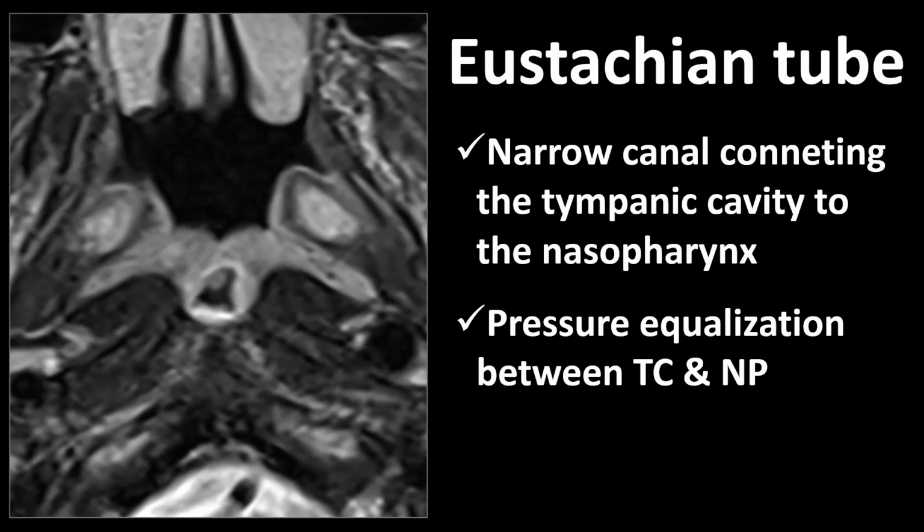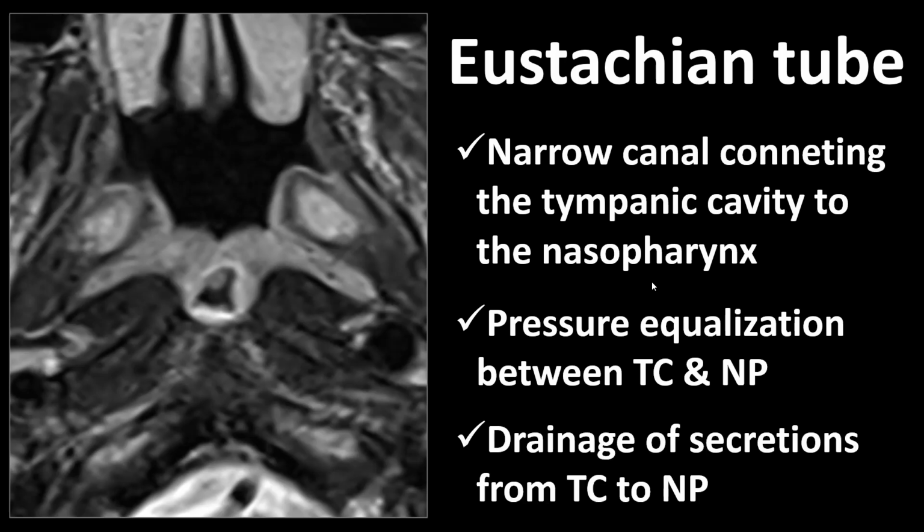And that removes the strange feeling we get when our eardrum gets retracted inside the tympanic cavity due to the difference in pressure between those two structures. It's also responsible for the drainage of secretions from the tympanic cavity into the nasopharynx.